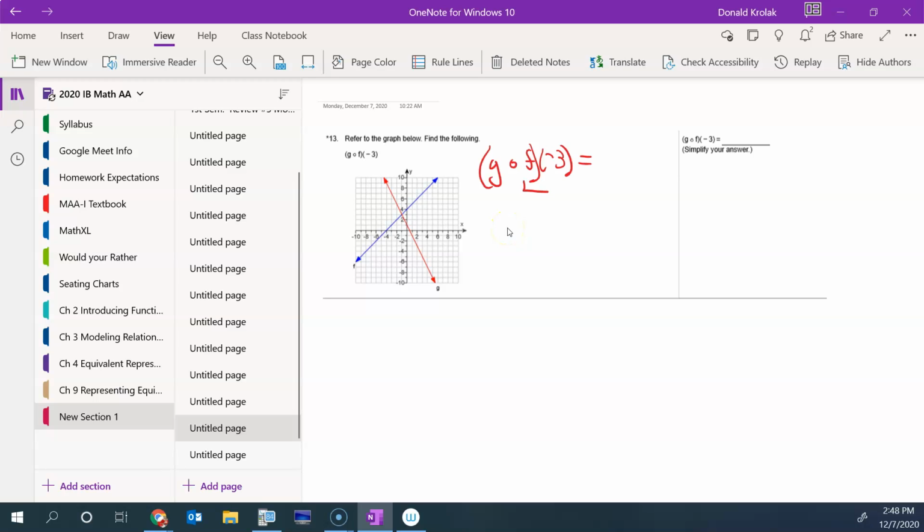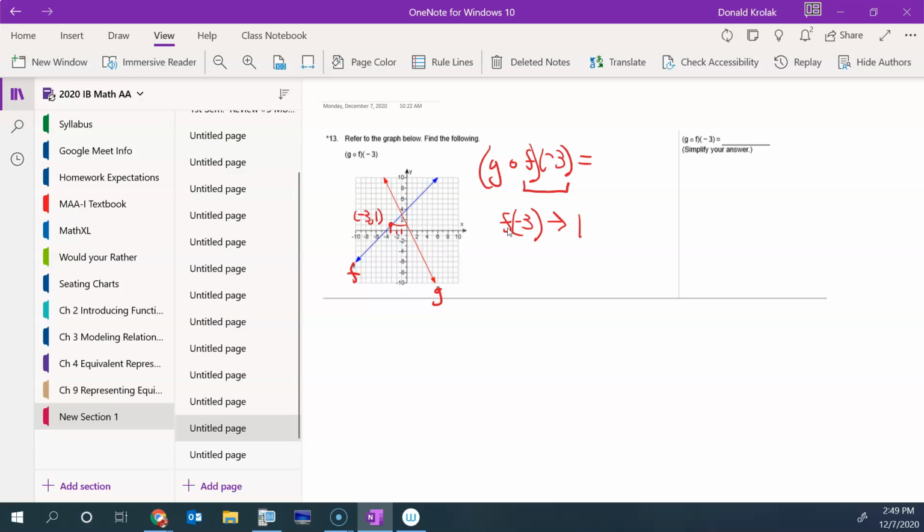Okay, so we're going to first do f of -3, get an answer, and then we're going to put that into g. So let's see, read the graph. f is this blue one. This is f. This is g. So f of -3: 1, 2, -3, I go up, and that looks like it's the point (-3, 1).